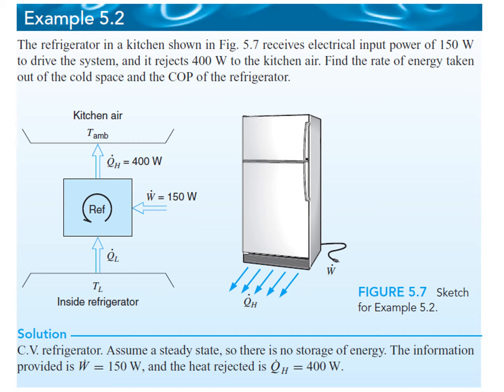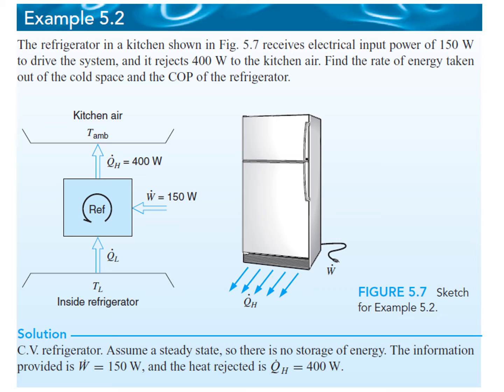Now let us consider an example in which we consider a refrigerant cycle, and we calculate its rate of energy taken from the cold state, that is QL dot, and coefficient of performance.